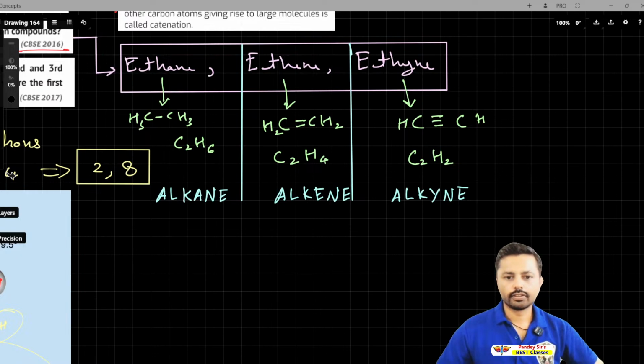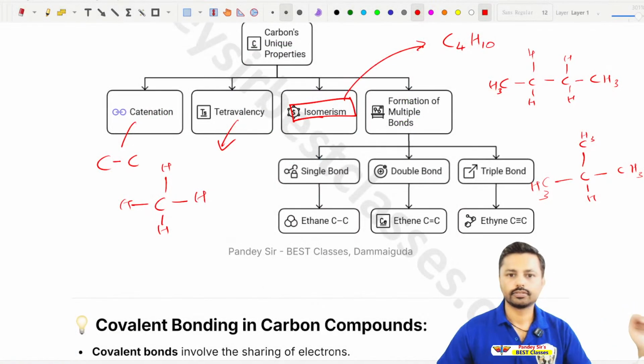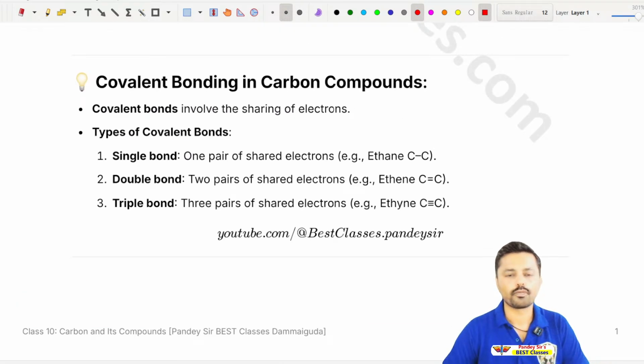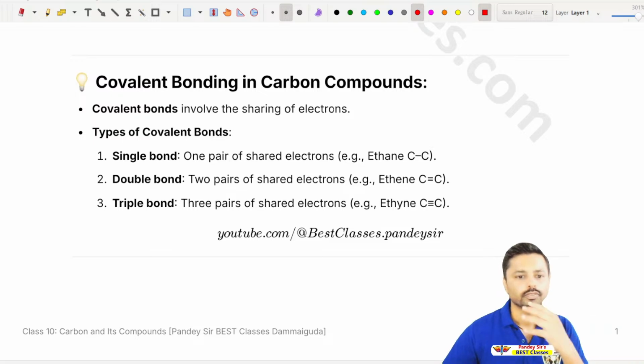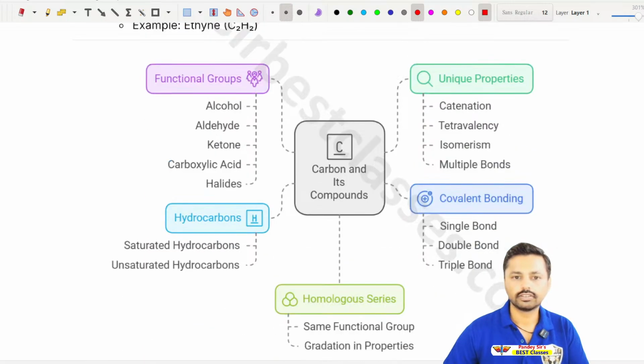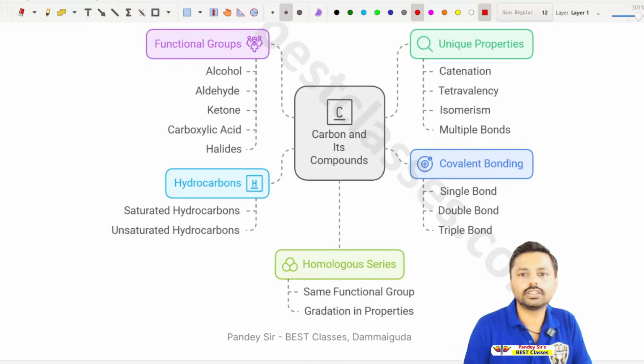Some more important information I'll tell from this chapter. Covalent bond I already said. Types of covalent bond: single, double, and triple. Types of hydrocarbons: saturated and unsaturated. This is very important, so if you want, take a screenshot. And functional groups, which are super important.